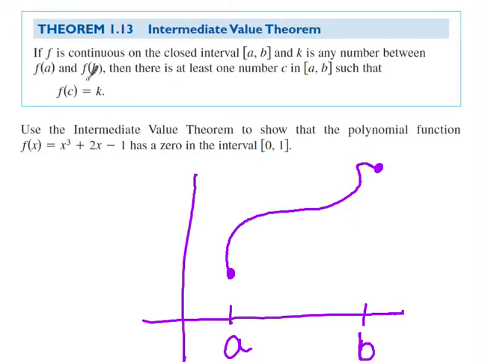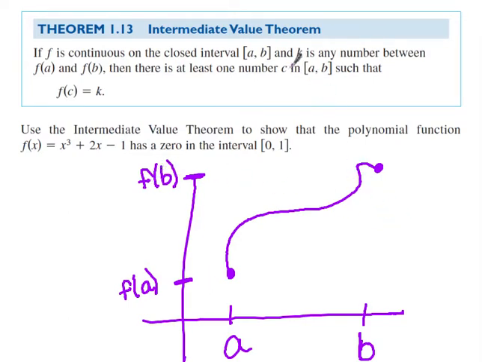Here's f of b, and this is f of a. If you remember, f just means your y values. So when it says f of a, that means the y value at a, and the y value at b.